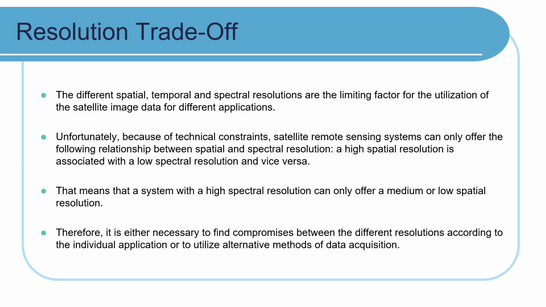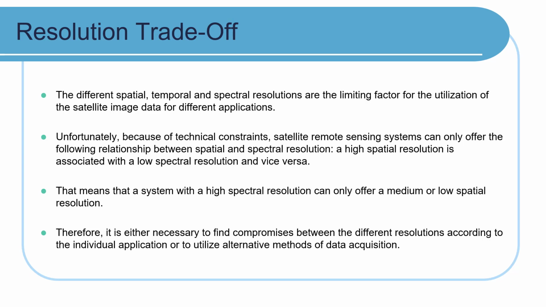Because of technical constraints, satellite remote sensing systems can only offer the following relationship between spatial and spectral. A high spatial resolution has a low spectral resolution. A high spectral resolution has a low spatial resolution. So what that means ultimately is that a system with high spectral resolution can only offer a medium or low spatial resolution.